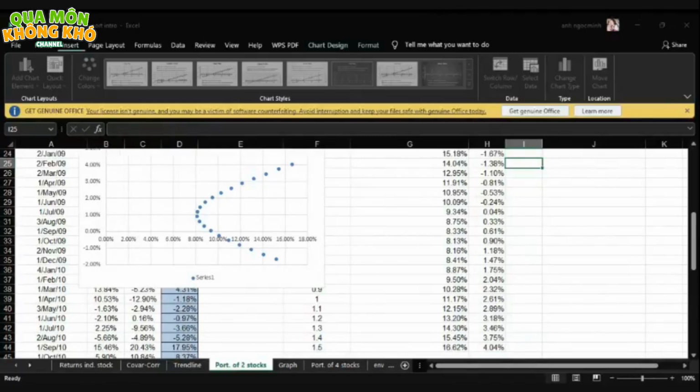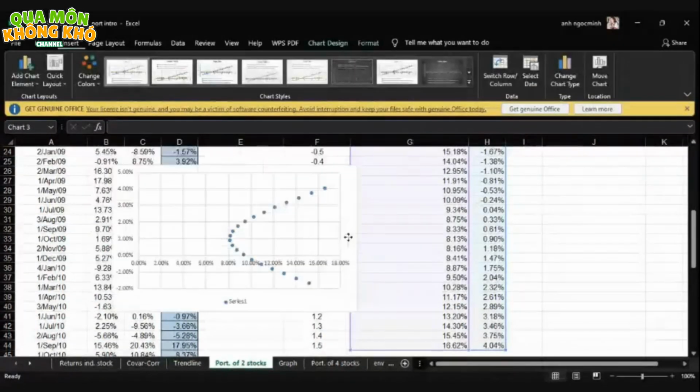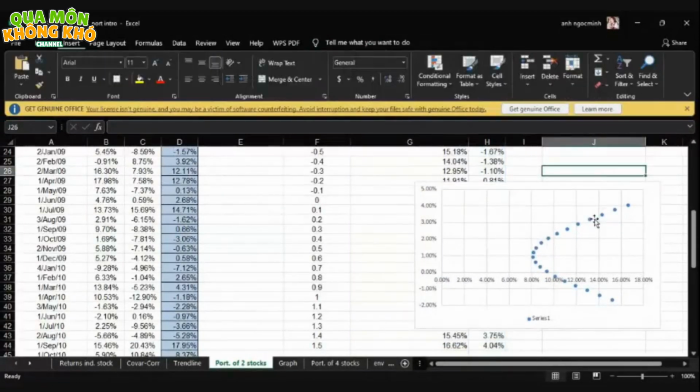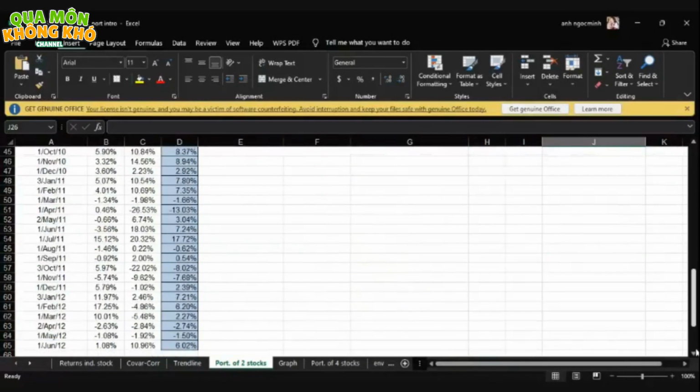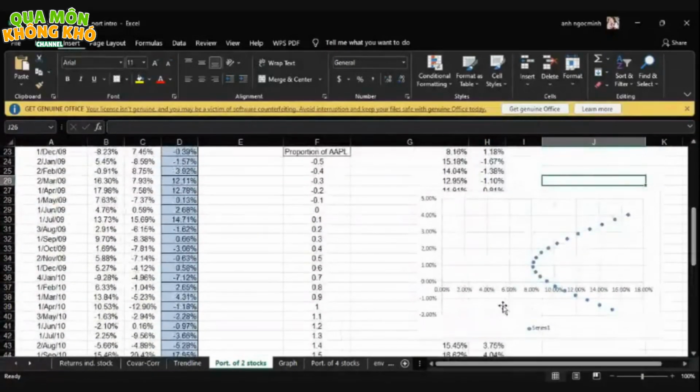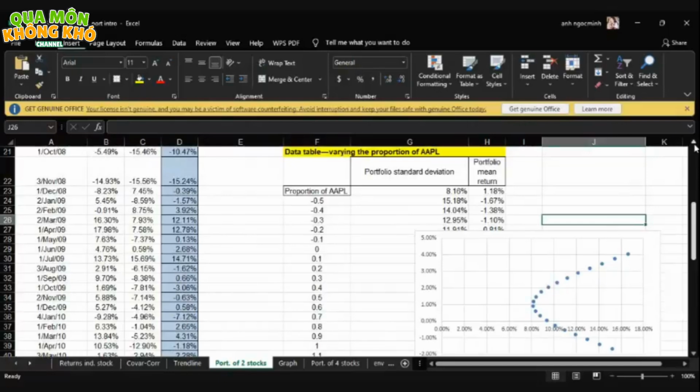Okay, so here is the opportunity set curve for this portfolio. So you can see here, when you combine two stocks with various weights, you can create a curve, and we call it the efficient frontier, of just two stocks.